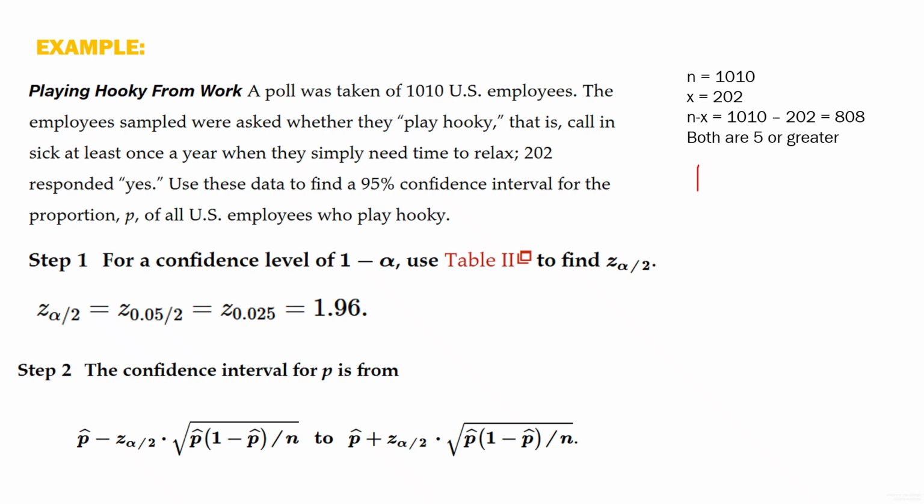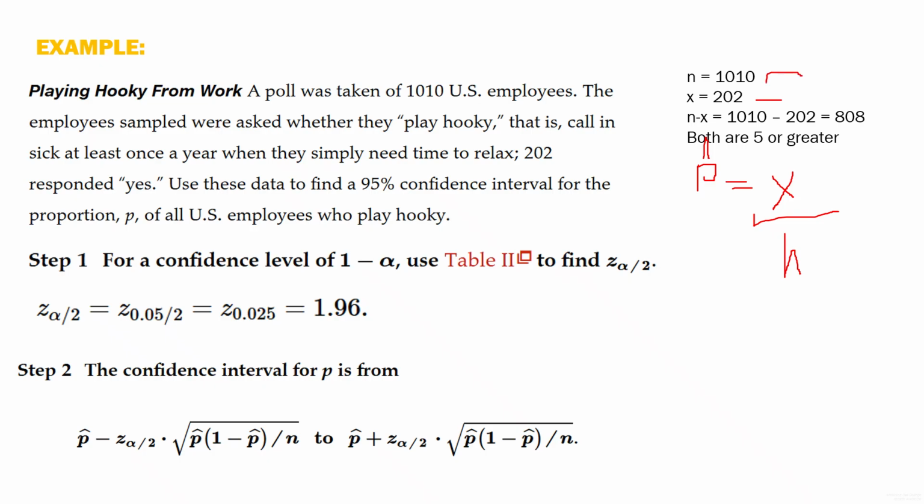So P hat, right, I'm going to write it here, is equal to x over n. So it's going to be equal to 202 divided by 1010.